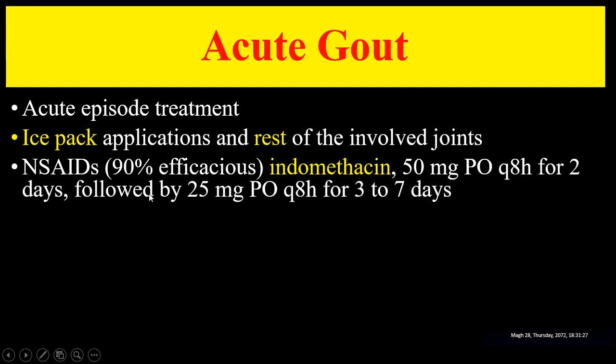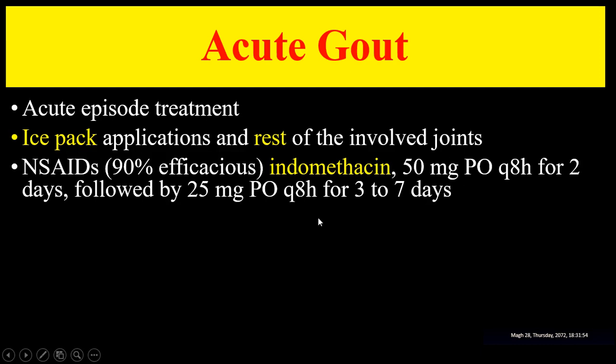Ninety out of 100 people with their first attack will be cured by this drug alone, that is indomethacin, and its dose is 50 mg 3 times a day for 2 days, and afterwards we give 25 mg per oral 3 times a day for up to 7 days. So the drug of choice these days is indomethacin.